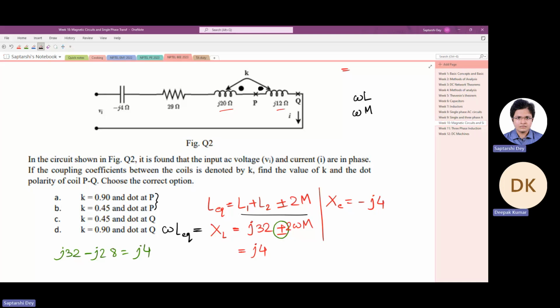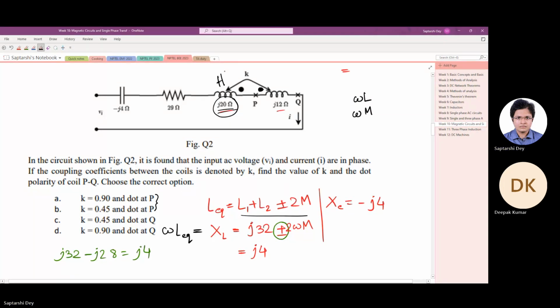But sir, omega is not used with L1 and L2. Sir, we do L1 plus L2, J20 plus J32. So here omega is not used. No. You see, look at this question. Here it is J20, it is not 20 Henry, it is already in ohm.